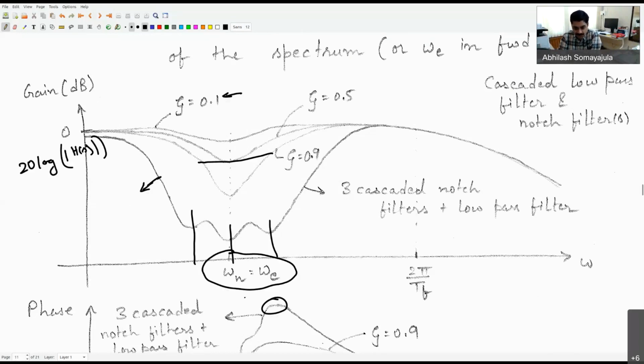So again, as a control engineer, you have to play around with the damping values in your filters to make sure you can effectively eliminate the frequencies you do not want and keep the frequencies of interest. Okay, I hope that's making sense.